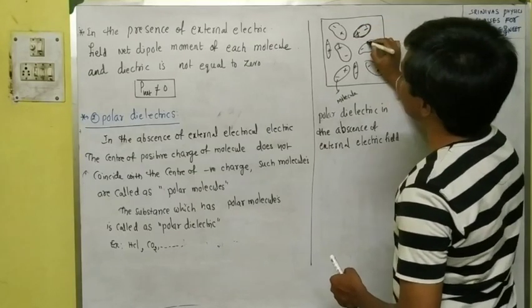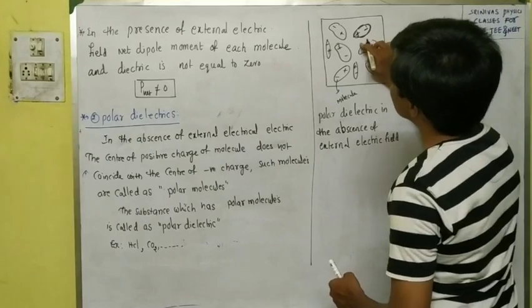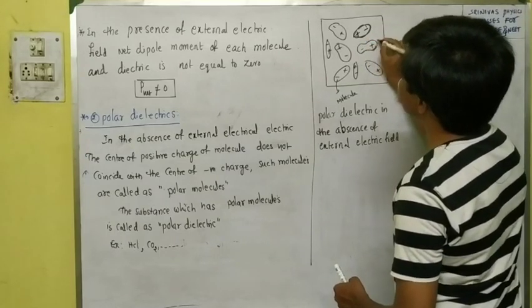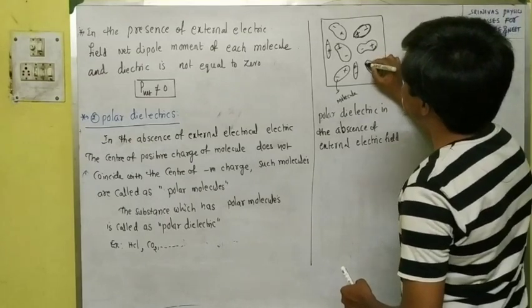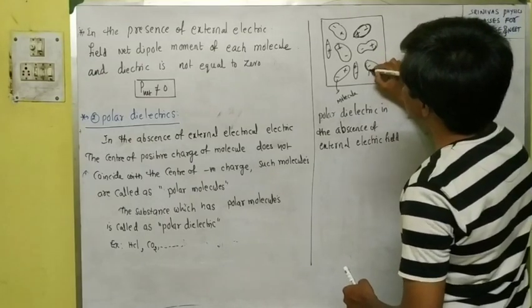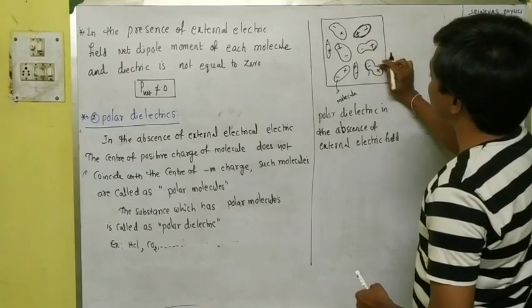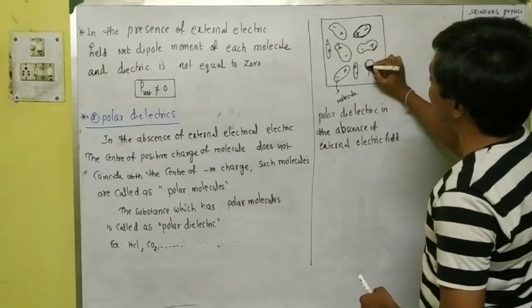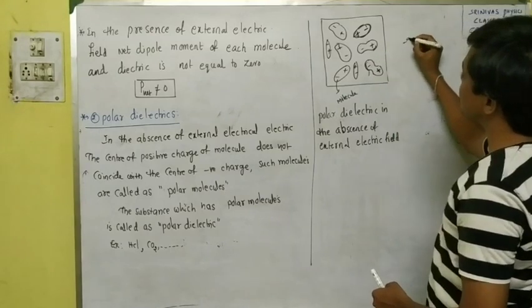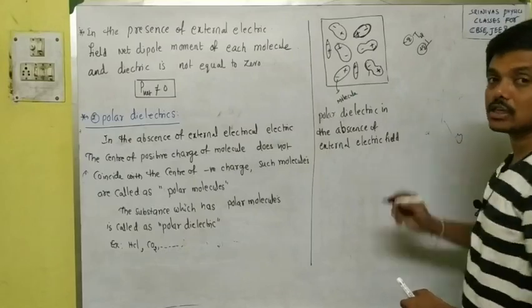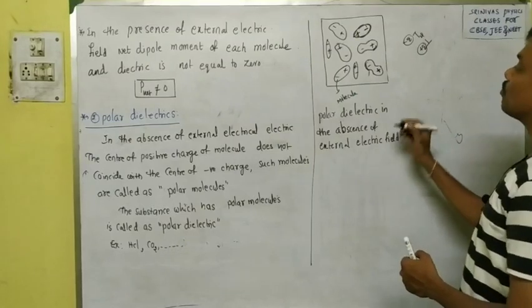They do not coincide. The center of positive and center of negative charge do not coincide. That means each molecule has a dipole moment. Each molecule behaves like one dipole, minus q and plus q. There is some separation. That's why each molecule has a dipole moment.